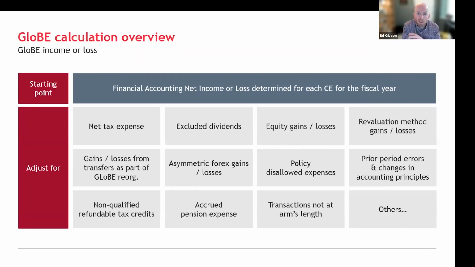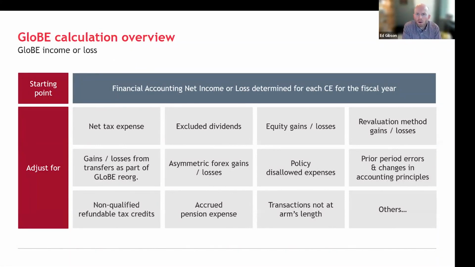So as an example, the UK R&D regime is considered to be a qualified regime, and therefore if you're claiming R&D benefits in the UK, you will continue to be able to claim those and they won't affect your Pillar 2 calculation, which means they won't be dragging down your effective tax rates in the UK.